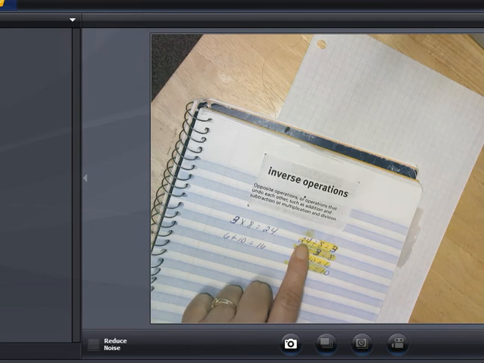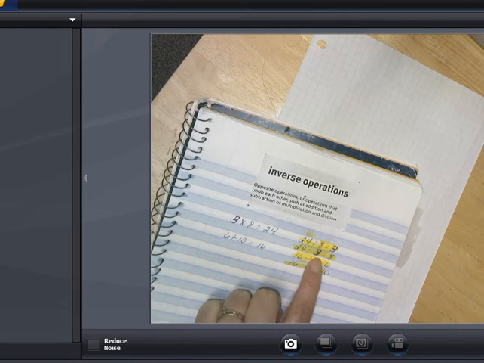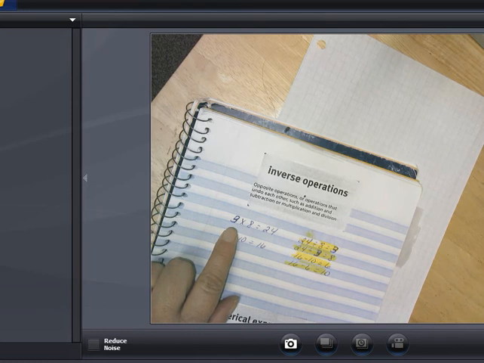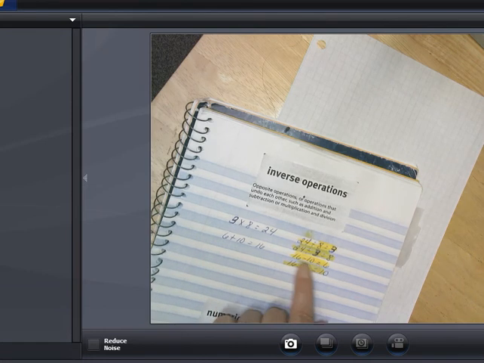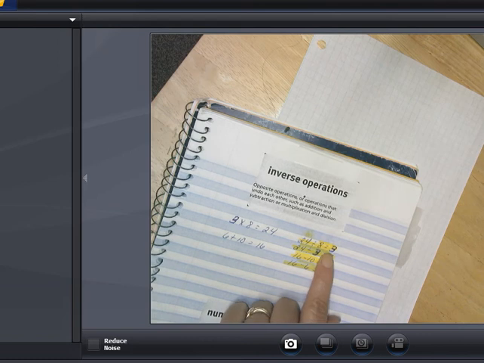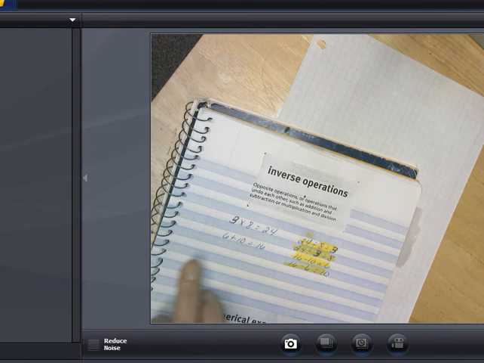The inverse operation would be 24 divided by 8 equals 3, or 24 divided by 3 equals 8. So if I know my times, my division will come easier. If I'm struggling with my division, I can go back to what I already know, my times.